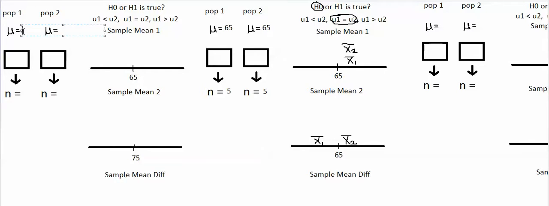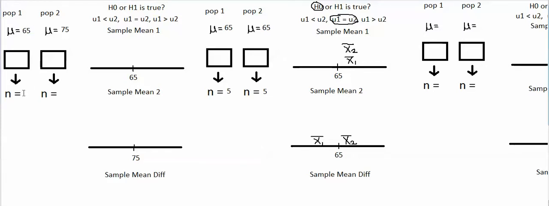So what we're imagining now is that these are two other universities. They're not the same two universities over here. This university has a mean height of 65 inches, and this other university has a mean height of 75 inches. I want you to enter in these two numbers.